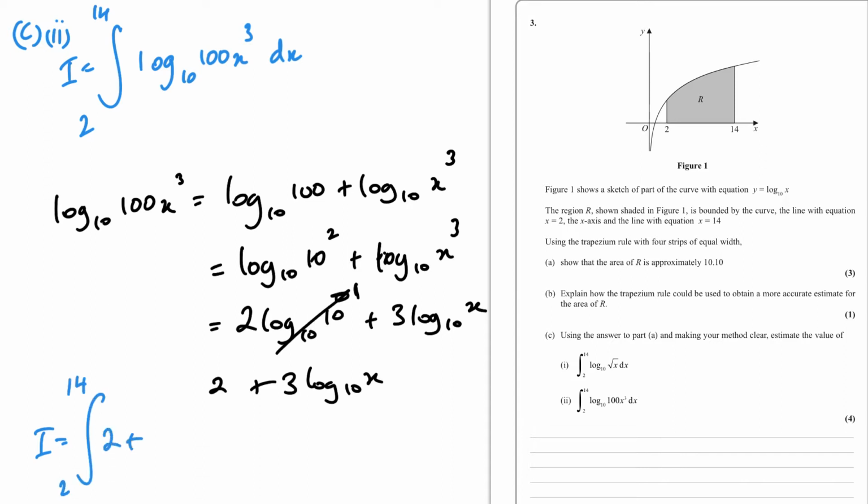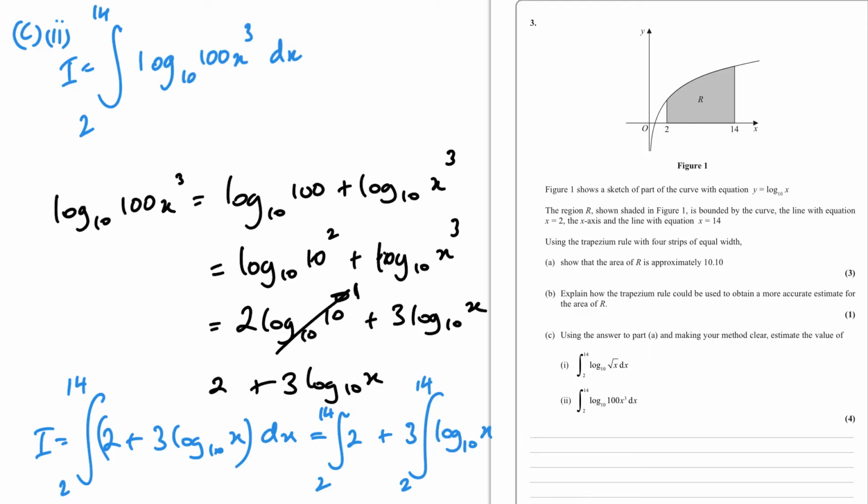It's going to be 2 plus 3 log 10x dx. Now, when I substitute in, or if I split them up actually first, sorry, just forget my dx in there.